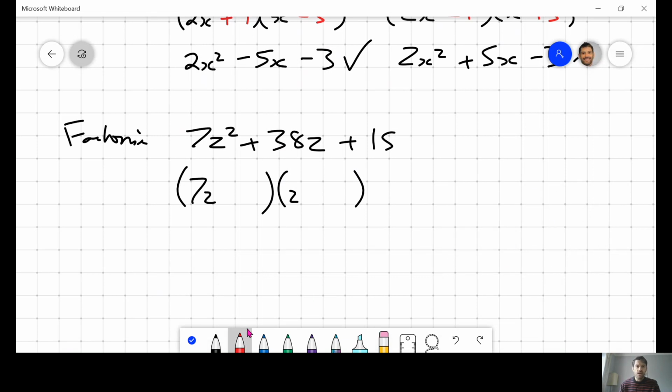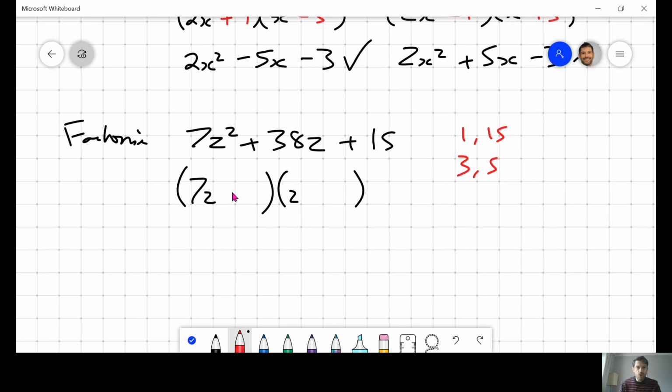So here we've got 15. This isn't prime, so this is 1 and 15, or 3 and 5. Oh, this is positive and this is positive, so the factors are positive. They could both be negative for the product, but of course this is positive, so they both have to be positive.